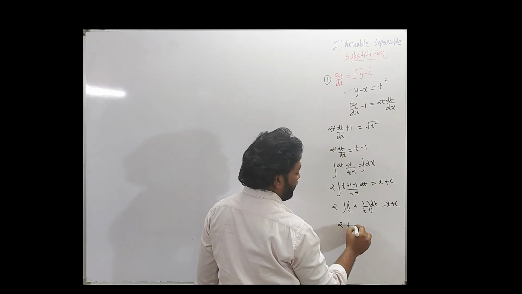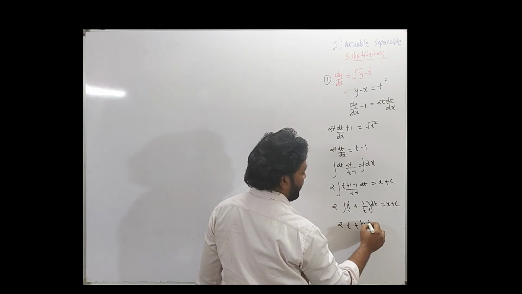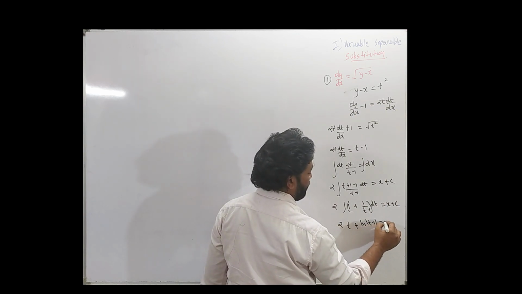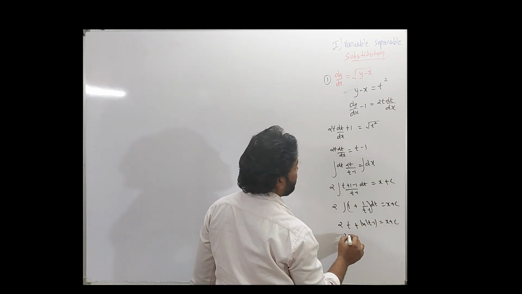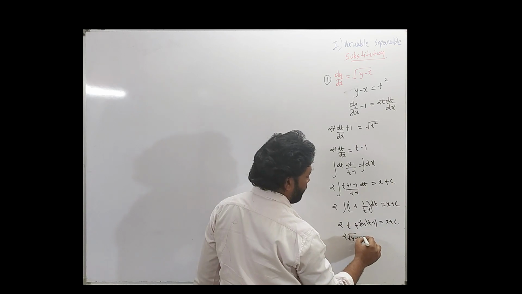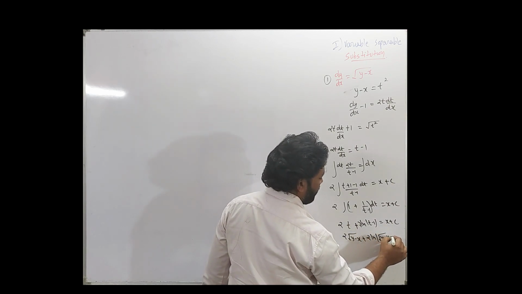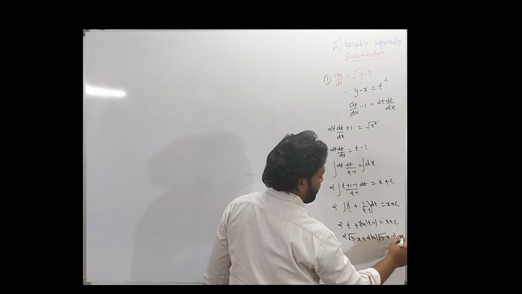Integration of 1 will be t, plus integration of 1 upon t minus 1 will be ln t minus 1. Substitute the original values. Square root of y minus x, 2 will be multiplied over here also, 2 ln square root of y minus x minus 1 is equal to x plus c.